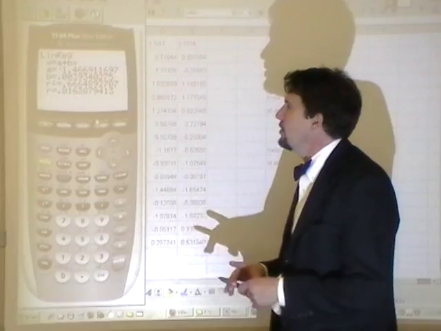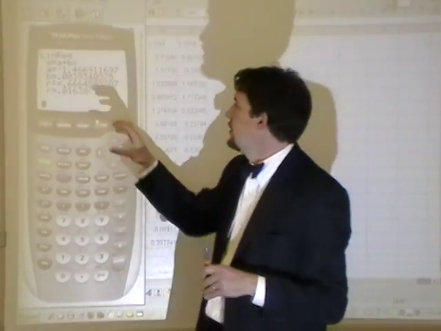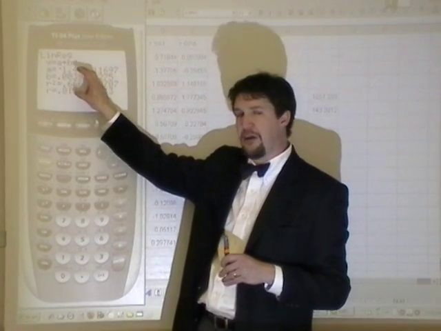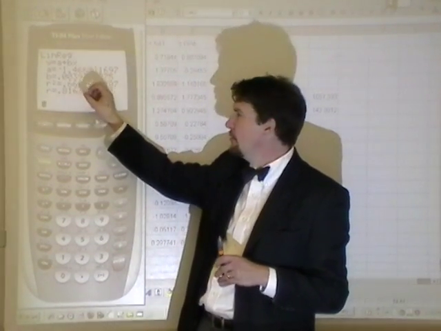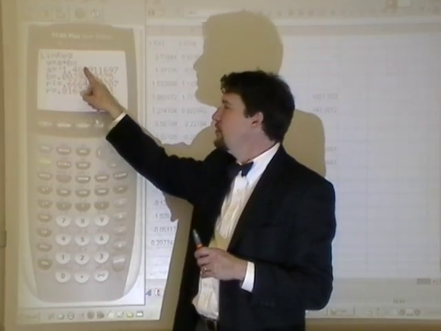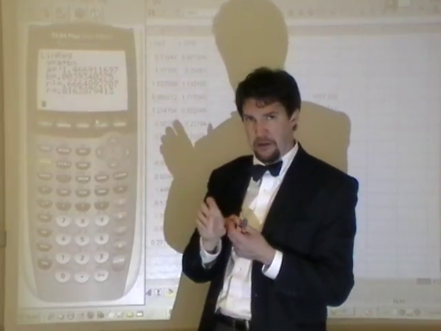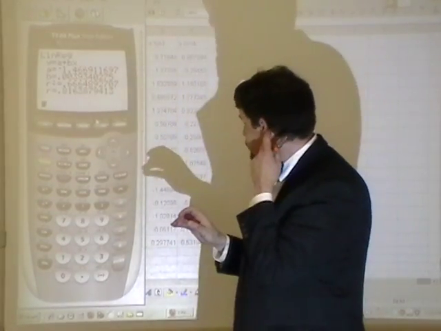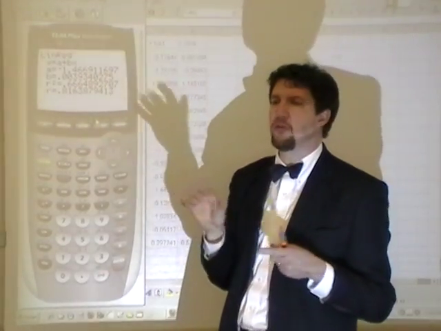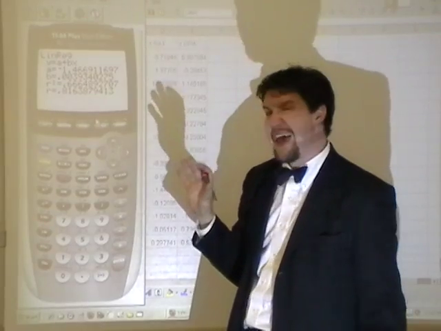So conveniently, when I calculate this information the first time, I can tell the calculator to put this information into Y1, the graphing of the function, and just dump this in there so that it forms the equation for the line and graphs it, or makes it possible for me to graph it right then. I can do that.